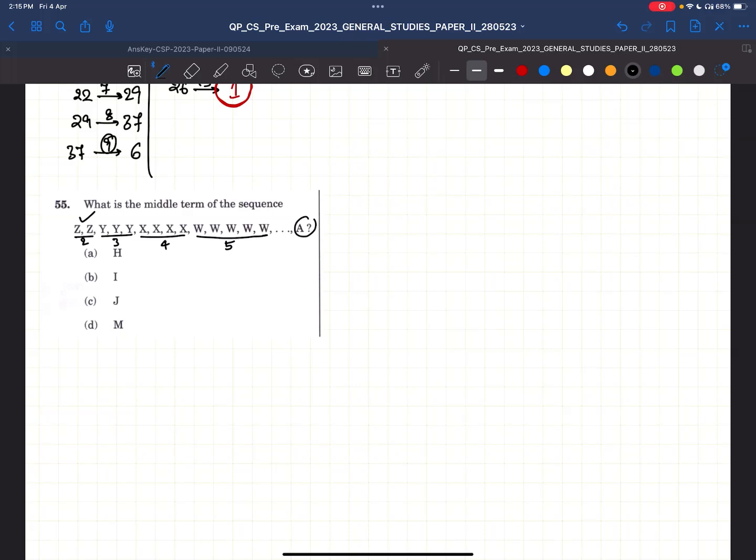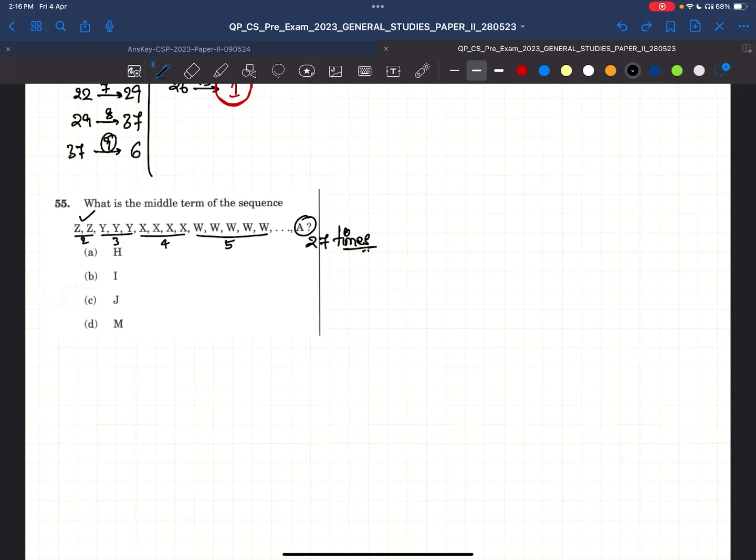Then, A will be written how many times? 27 times. Since there are 26 alphabets, he has taken 2 Z's, so he is not starting with 1, he is starting with 2. Then A is the 26th term in the sequence. Since he has taken Z 2 times, A will be taken 27 times.